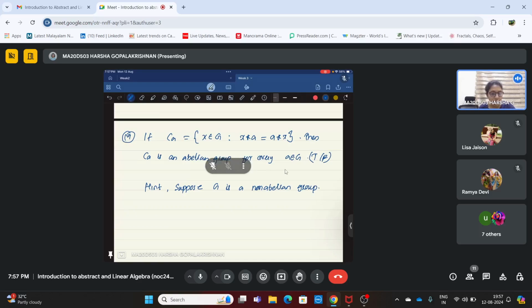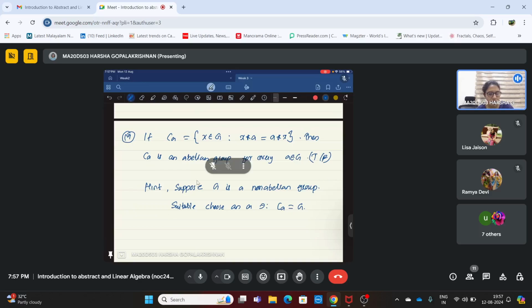It should be for every A in G. Suitably choose an A such that C(A) equals G. That is, it is possible to choose A such that C(A) becomes the whole of G.